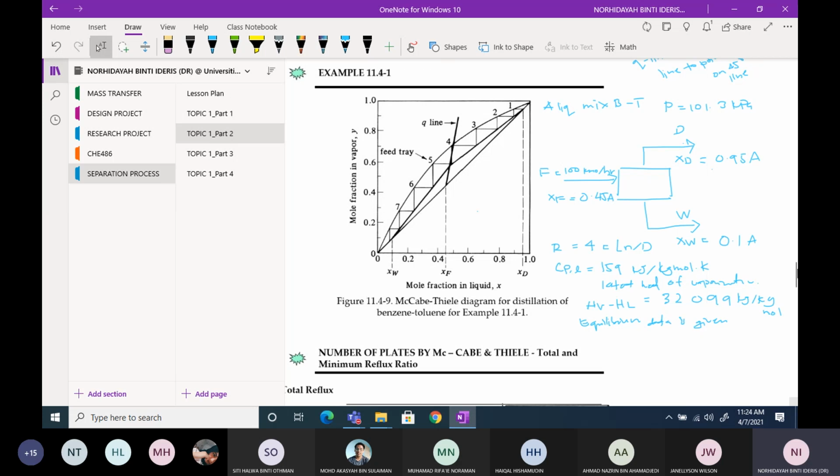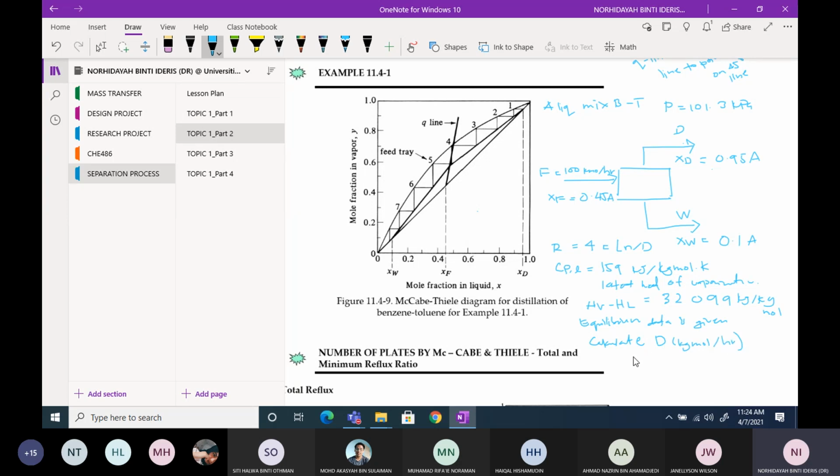Okay, the data is given. Now the question asks you to calculate the kilogram mole per hour distillate. Maksudnya the molar flow rate coming from the top, in kilogram mole per hour.